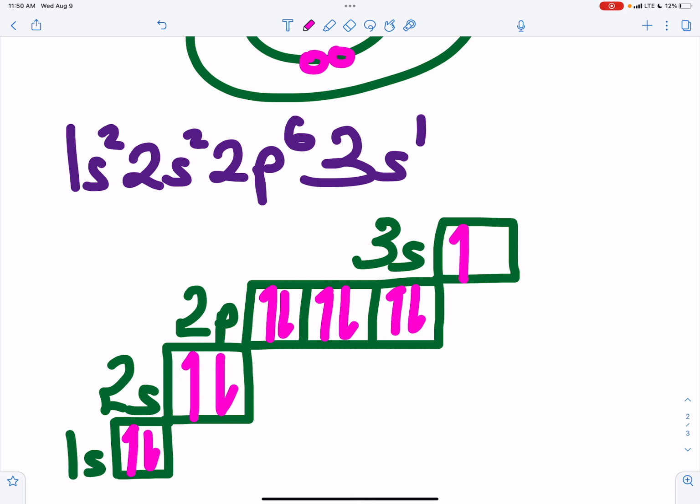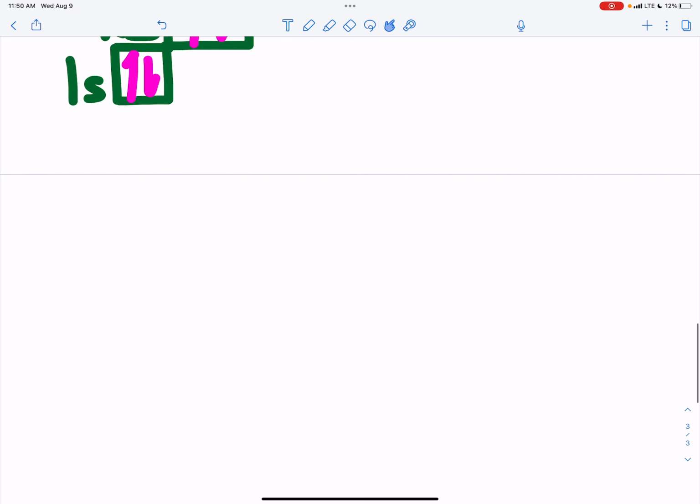What this means is very simple. Let me now quickly show you the meaning of each quantum number.